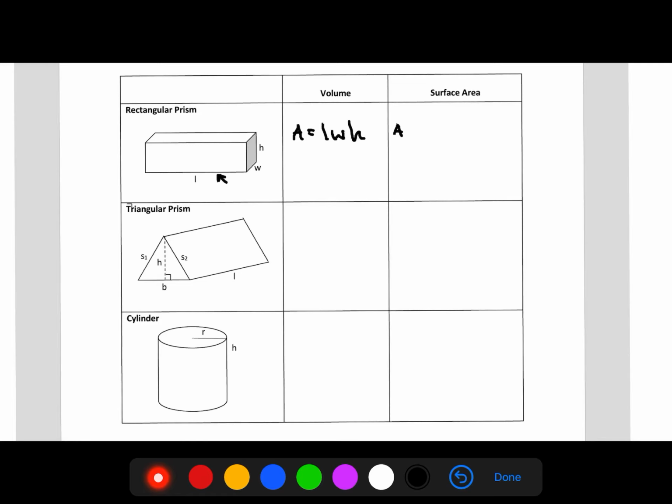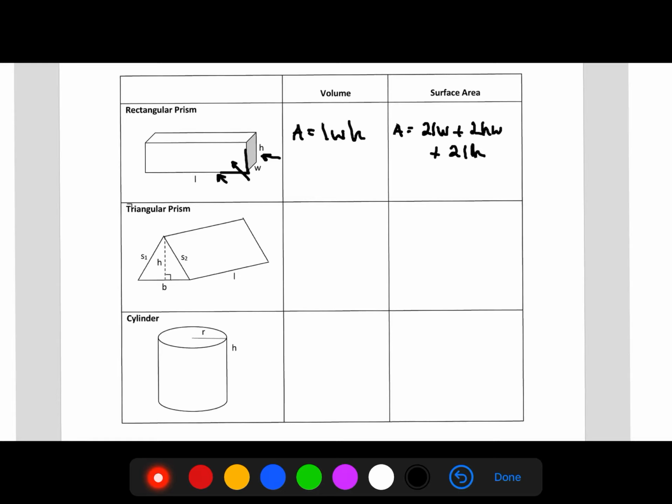If we're talking about surface area, there are 6 different sides to this object. We have a top and a bottom that are the same. So we have 2 sides that are length times width. We have the sides, which are height times width, or width times height. We can write it either way. And 2 of those.